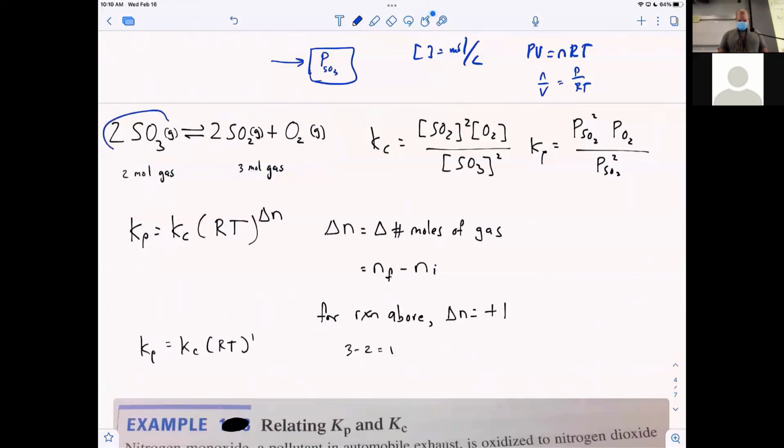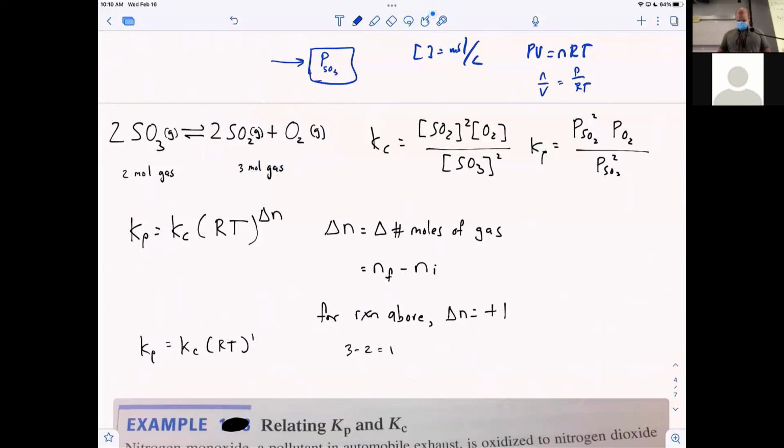There are 2 SO3s on the reactant side. So 2 species of gases, they're both gases, and there's 2 of them. And then over here, there are 2 different types of gases: 2 moles of SO2, 1 mole of oxygen. 2 plus 1 is 3. And so final minus initial, 3 final minus 2 initial equals 1.